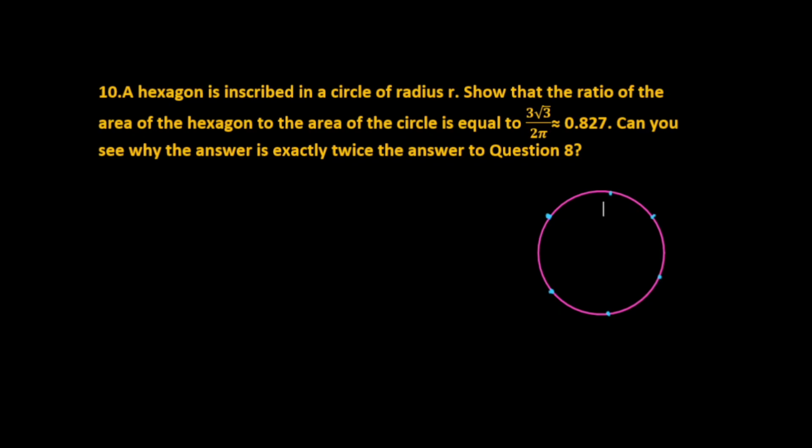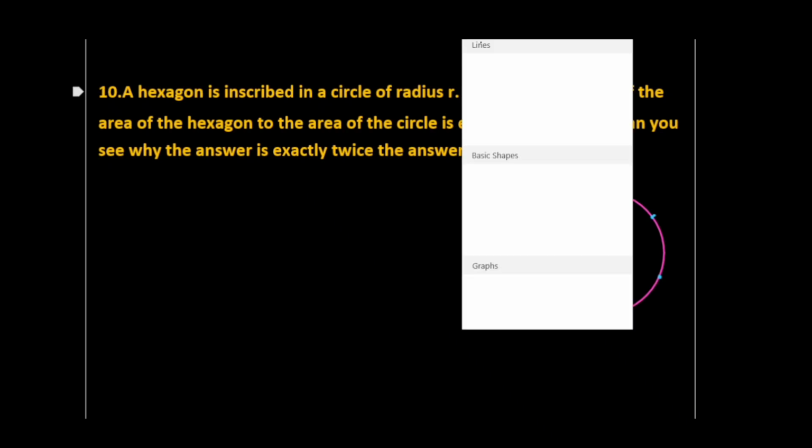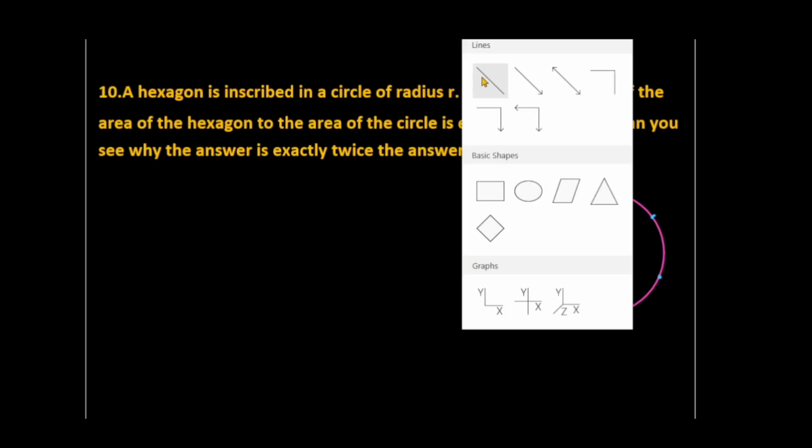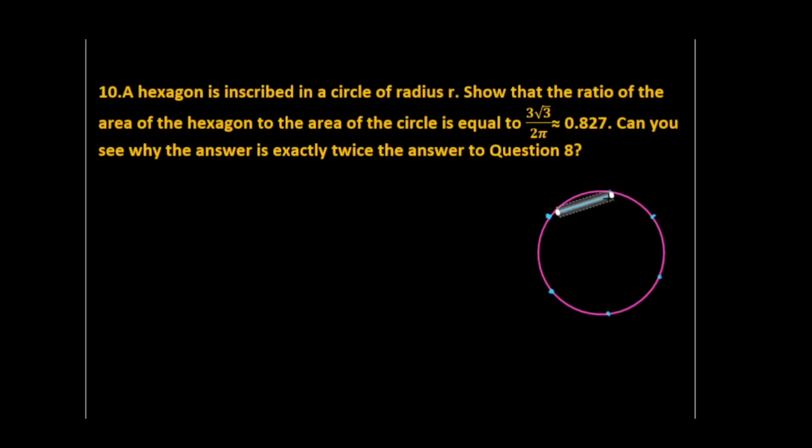If we are joining this, we will be getting a hexagonal shape. This is 1. This is the second side.